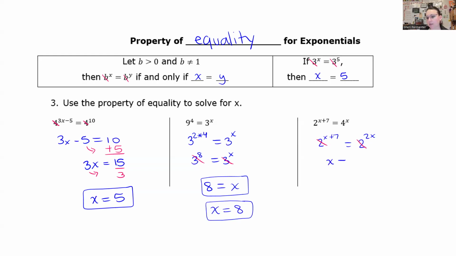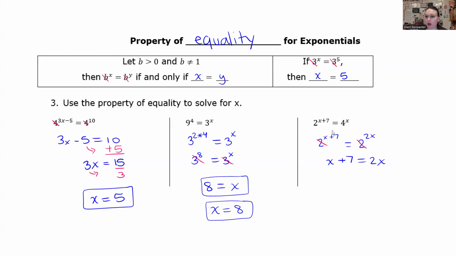So I get x plus 7 equals 2x. There's several problems today that we're going to work that have x's on both sides. When you have x's on both sides of the equation, take a look at both of the x's and you're going to move the x's towards the bigger one. So I have 1x on this side and 2x on the other. Which one's bigger? 2.